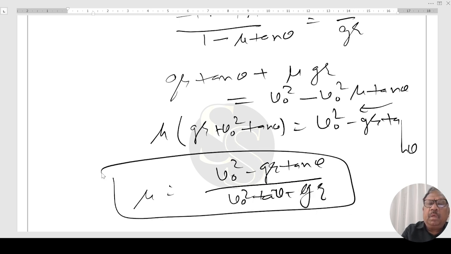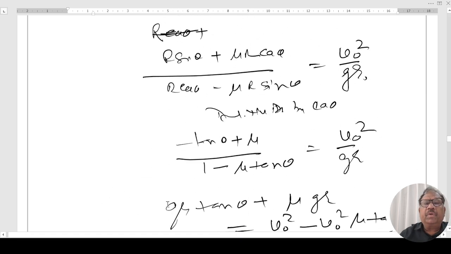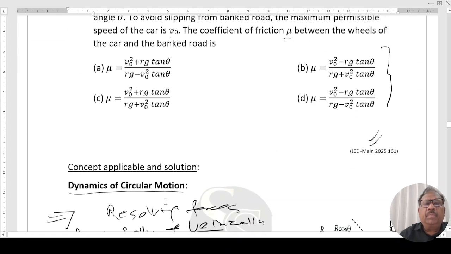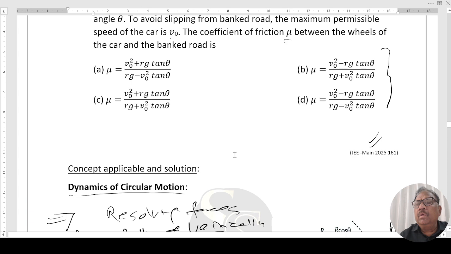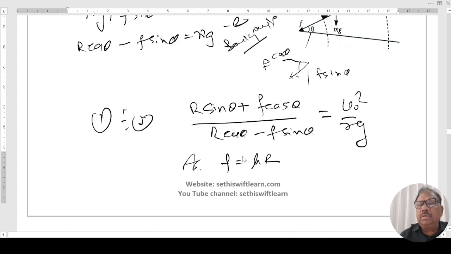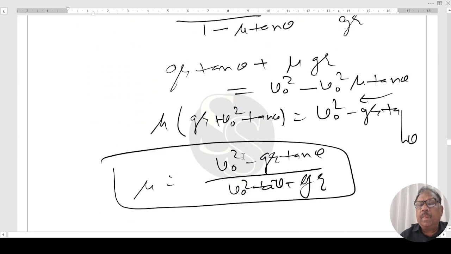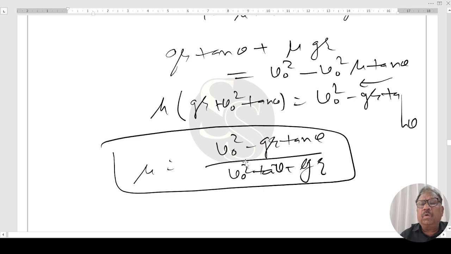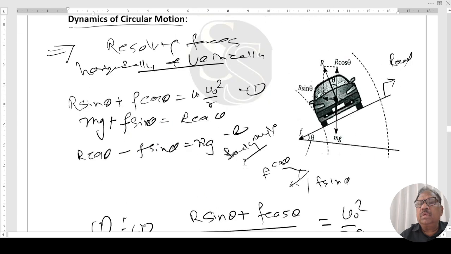This comes out to be the coefficient of static friction.